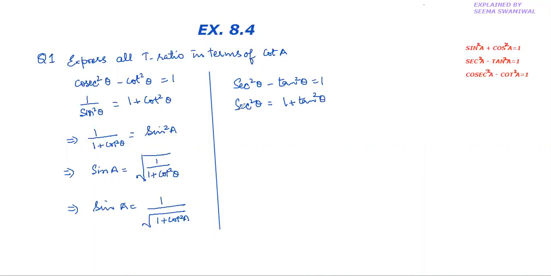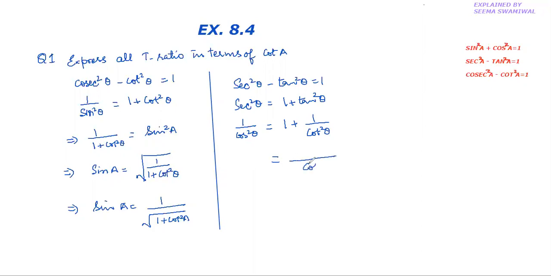Now I will convert sec into cos because I want the relation between cos and cot. So I will change this as 1 upon cos square theta. Similarly, I will replace tan square theta by cot square theta in reciprocal form and then take LCM.